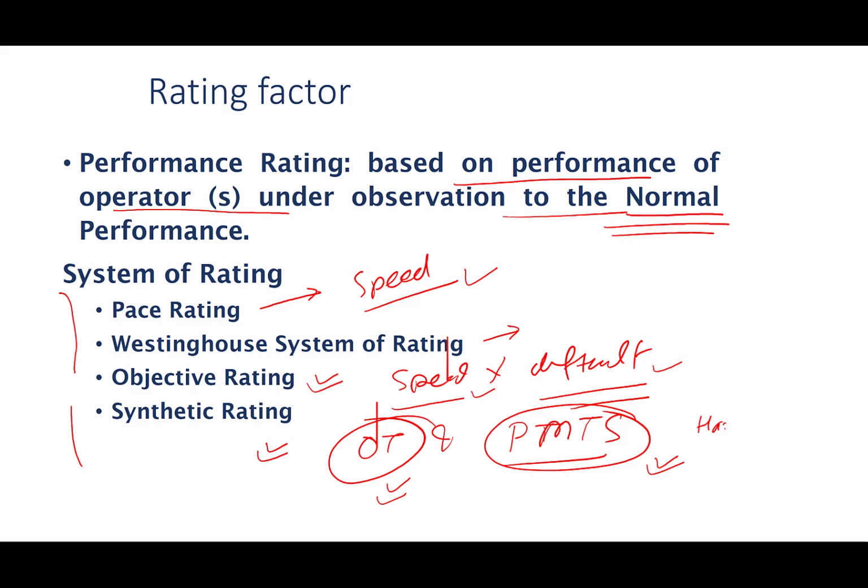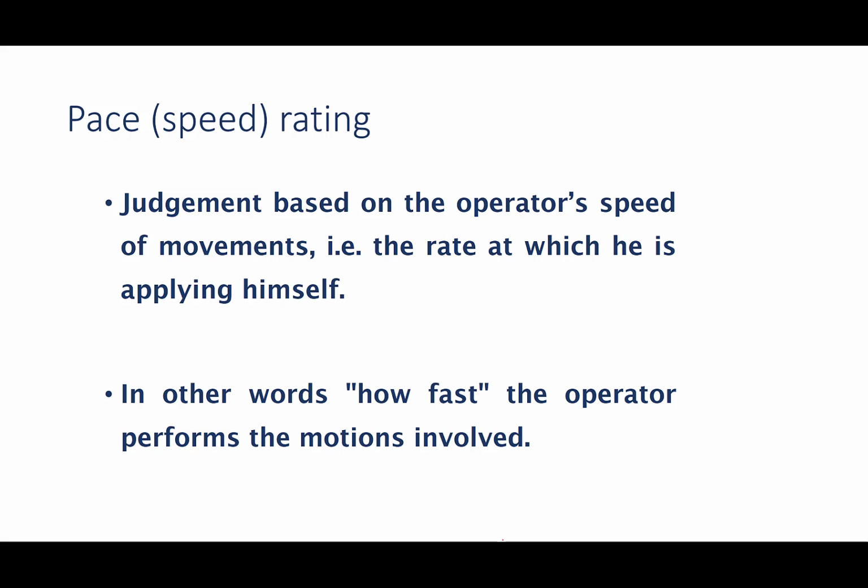The time required for the job is obtained from the handbook, and that is compared with the actual time taken, observed through the stopwatch or time study method. So these are the four different methods. In brief, I will talk about all these four methods.